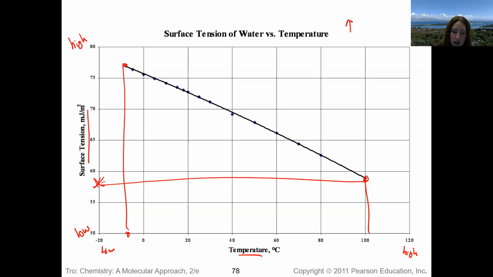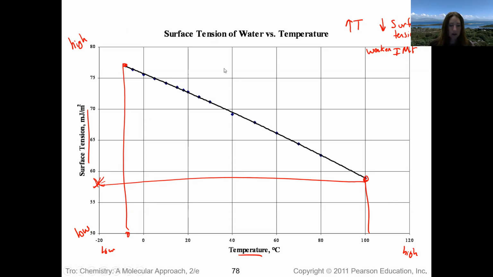So if you increase the temperature, you decrease the surface tension, because you weaken the intermolecular forces. I shouldn't say decrease, I should say weaken, because I don't want you to think we're talking about changing it from a hydrogen bond or something. So you weaken the intermolecular forces.